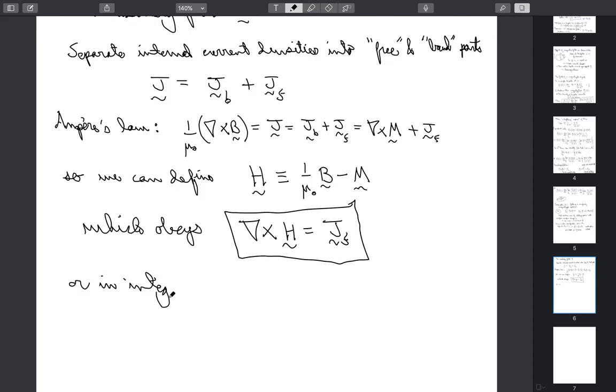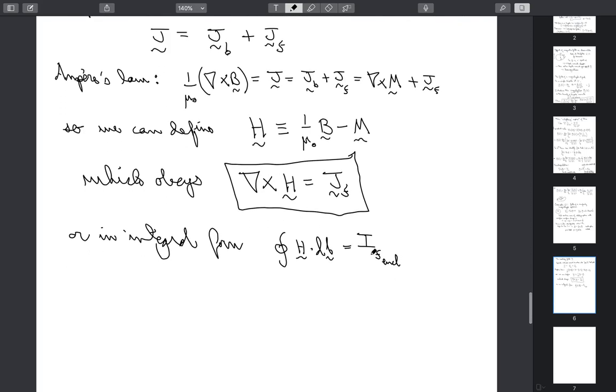You can also just write an integral form using Stokes. You just have the integral of H dotted into dl equal to the enclosed free currents, like this. Where now this is just the integral over the surface of these free currents, the currents that pierce through the surface defined by the path that you have here.